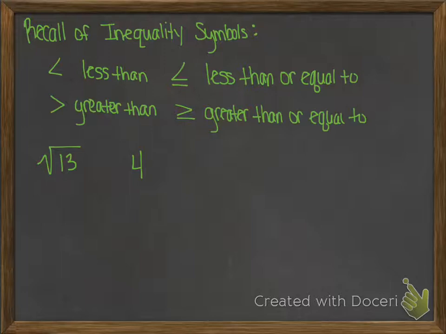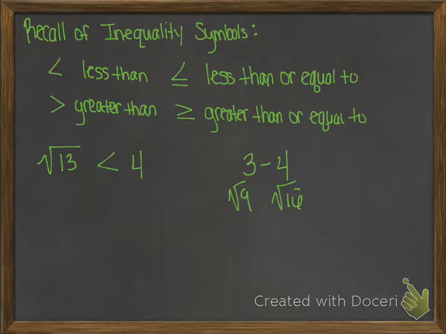Well, it falls in between 3 and 4. Because square root of 9 is 3. Square root of 16 is 4. Square root of 13 falls in between there. So since it's going to fall in between, it has to be less than 4. So we're going to put in there the less than symbol.